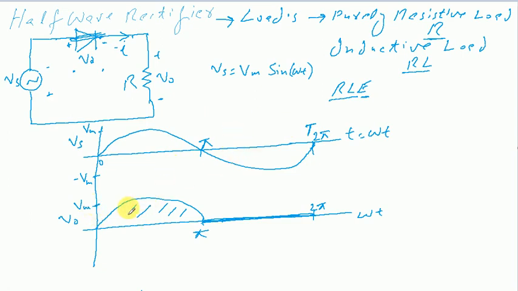Okay, one more thing that I would like to add, which is necessary to be explained and understood as well, is the waveform of the current, or the value of the current. Just in a while we'll have its calculation as well. But before going to that, I want you to have a look that the shape of the current waveform will also be exactly the same as this one. There can be a difference in the magnitude of the current.